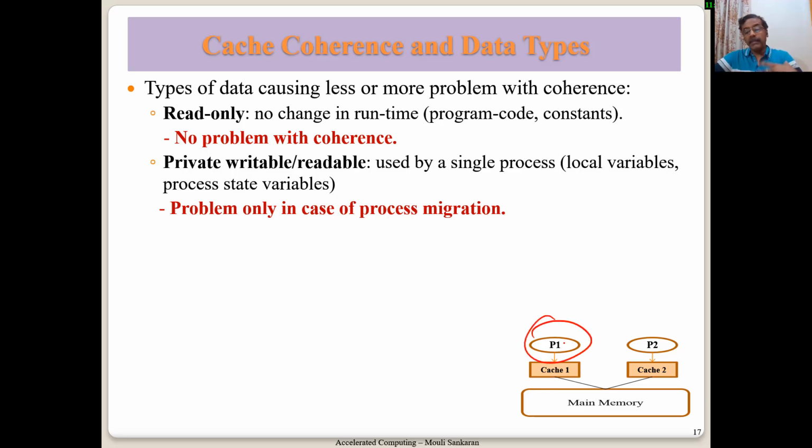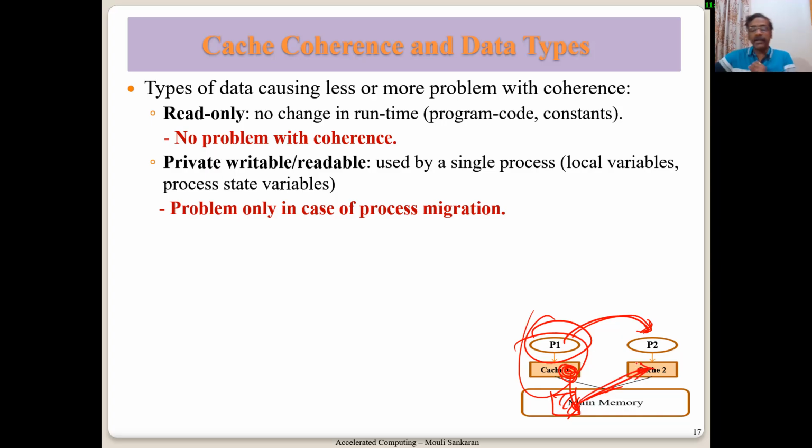In that case, you don't need to worry about it as long as it is running from the same core. But the problem happens when this process migrates to another core. You have to make sure that what it has done with the cache here is reflected there, so that the new cache is getting the updated value. So there is a problem. Even if there is only one single process reading and writing, and no other process is accessing it, there is still a problem when the process migration happens.